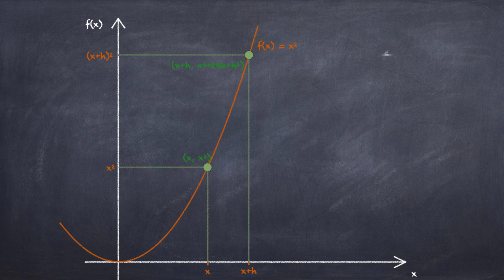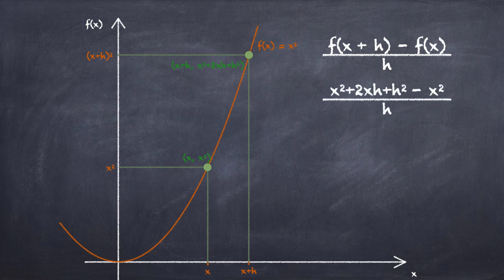Okay, now let's use our equation. As you can see, I didn't put the limit in. We will put that in afterwards. So we can put our equation in. We can cancel the x squareds, and we're left with this. Next we can cancel all the h's, and we can put the limit back in, right?